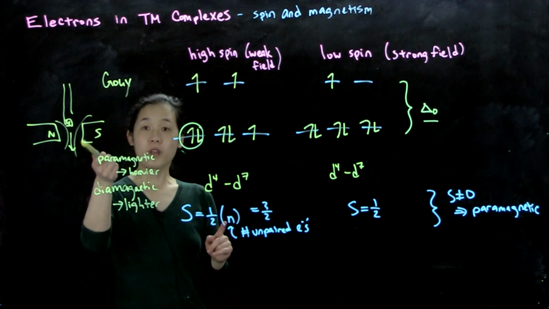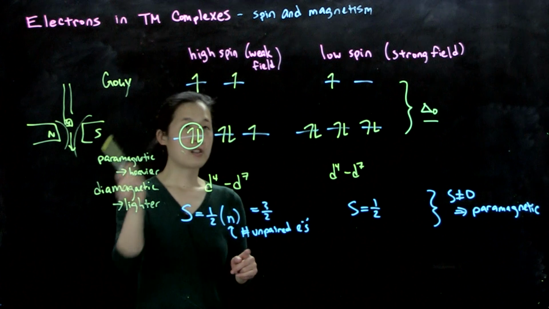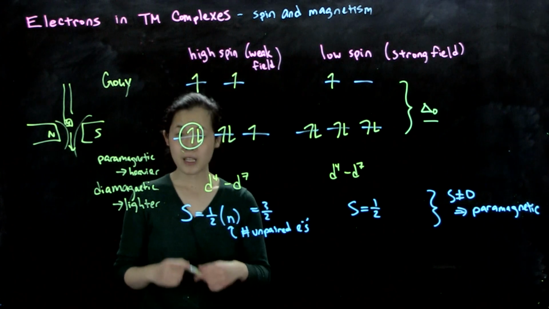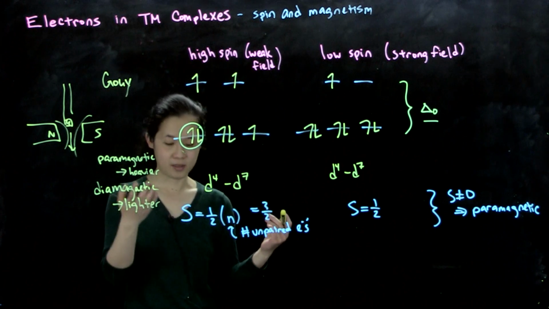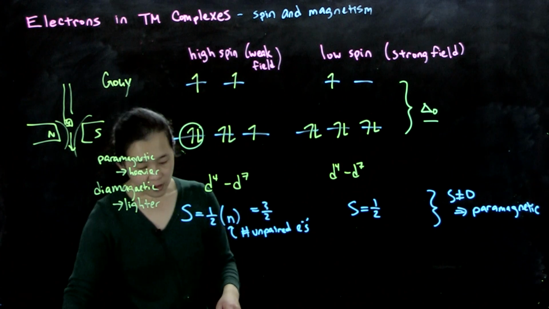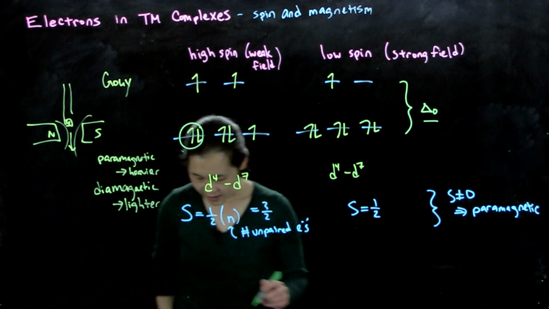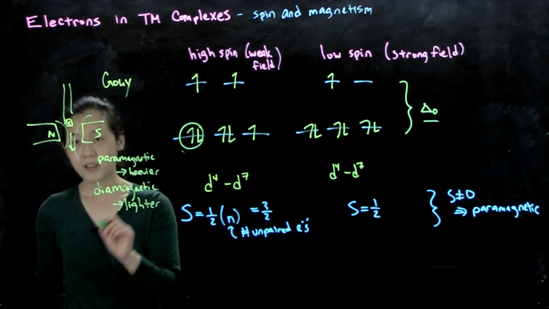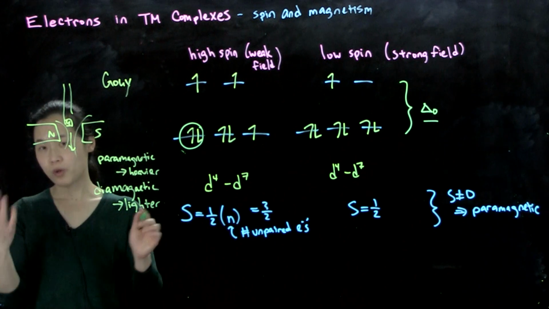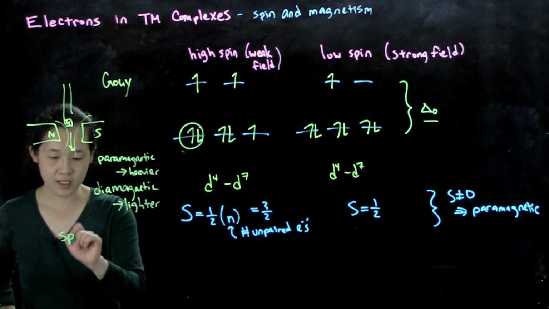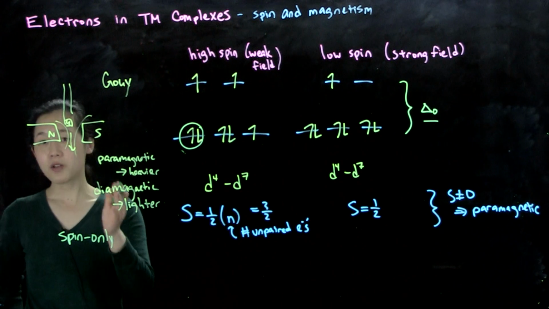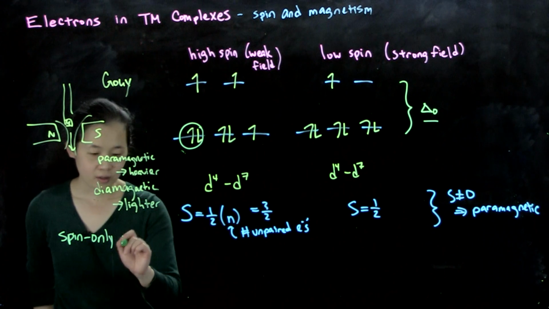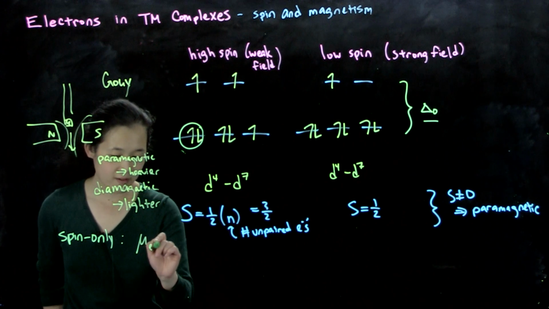So yes, we can use magnetism to measure our spin, and then we can distinguish between high spin or low spin, and then we can learn more about the delta O. So the formula, if you want to know spin, is, okay, there are other factors that involve orbital factors, but we'll call this the spin-only magnetism. What number you get out from measuring magnetism is the so-called mu effective.